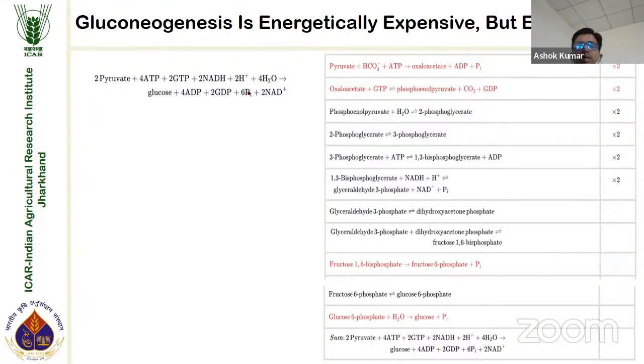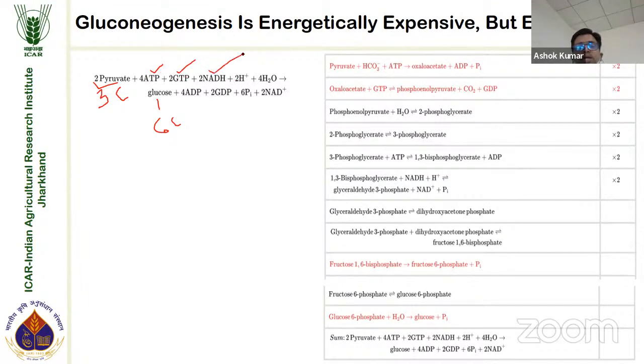If you consider the energy equivalent, since glucose is biosynthesized, biosynthesis is always an endergonic process, and you will require energy. If you convert 2 pyruvate molecules, which are 3 carbon compounds, into a 6 carbon compound, glucose, you will use 4 ATP and 2 GTP molecules.